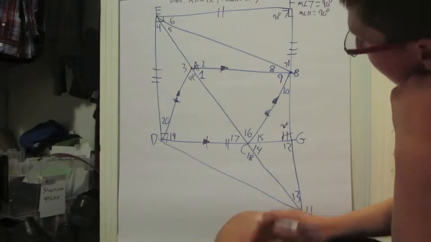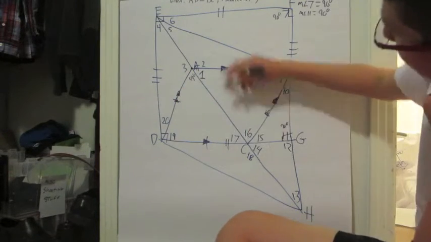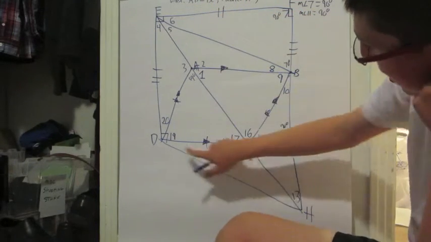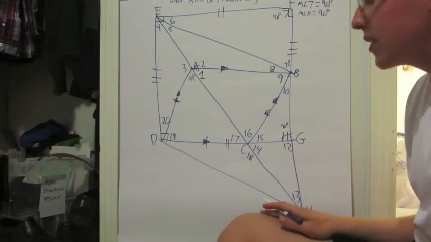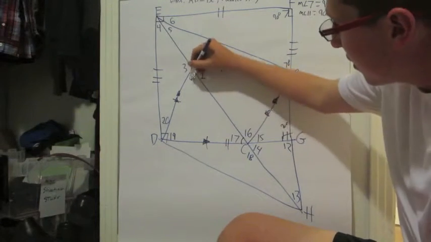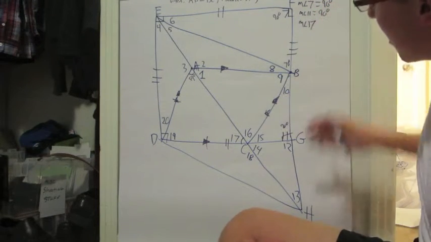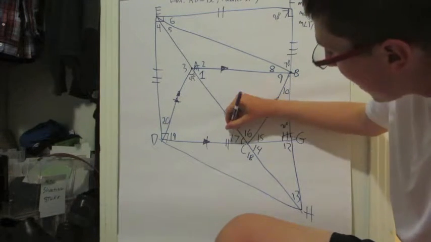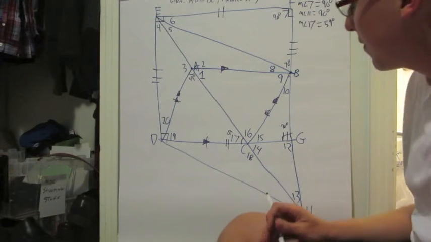We can figure out measure 17 by looking at this triangle and seeing that by our given that AD is congruent to DC, this triangle is an isosceles triangle. So if it's isosceles, this side and this side would be congruent, which would make the measure of angle 17 59 degrees.